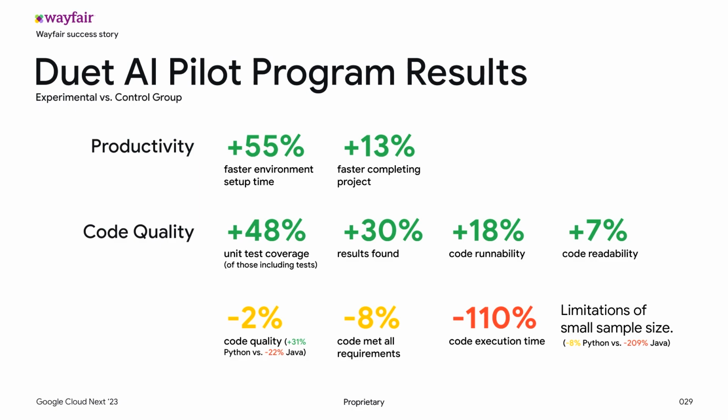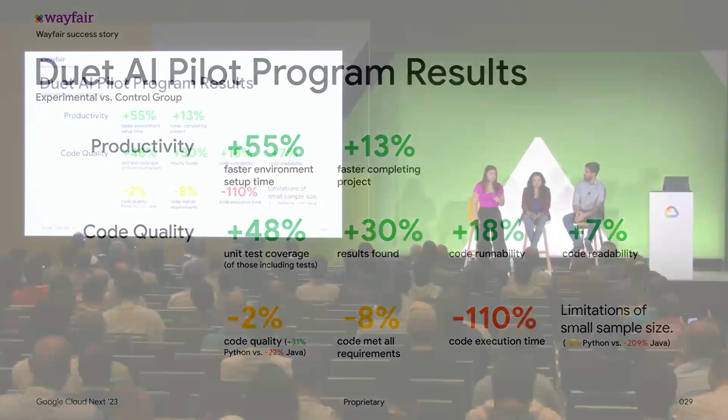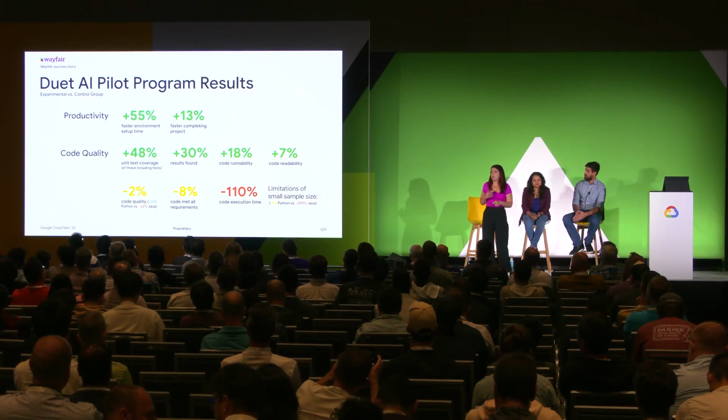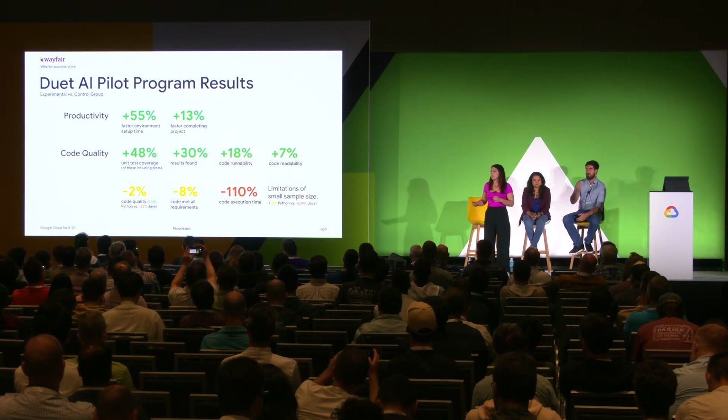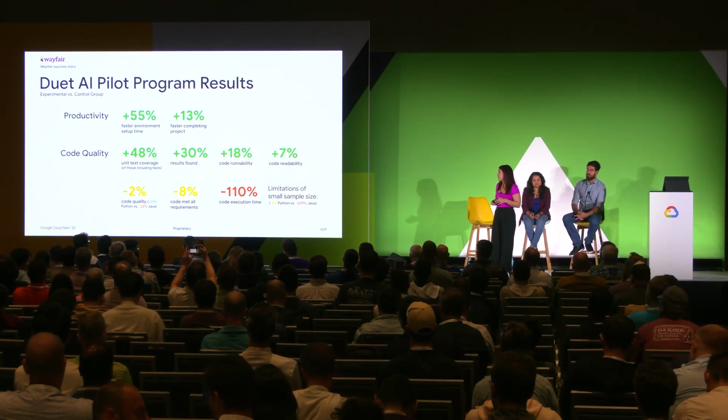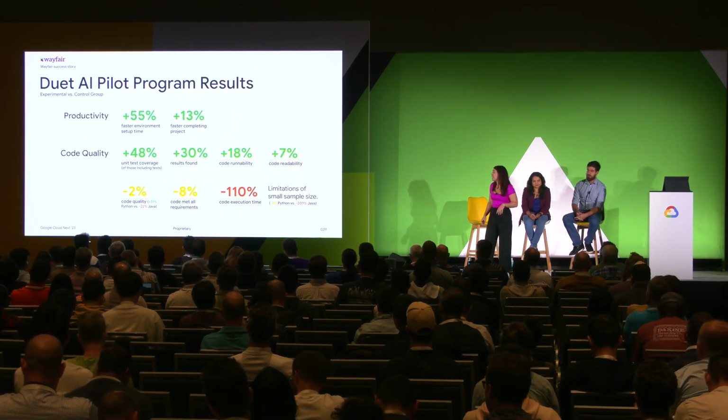We then had the code reviewers assess code quality for all the reviews. They went through all the project submissions, read through all the code, and produced the results we see here. Of the projects that included unit tests, we saw a 48% increase in unit test coverage for the groups that used Duet AI. So this tells us we're probably more likely to see higher unit test coverage with projects or engineers using Duet AI.